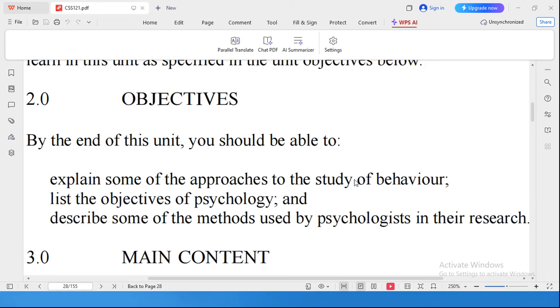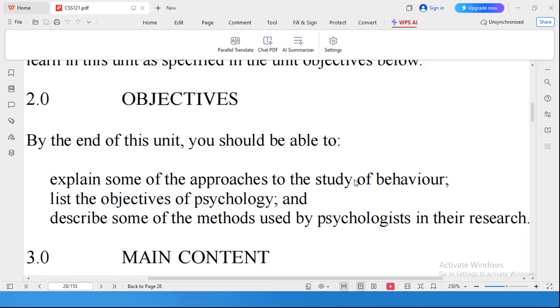So, moving further, objectives of psychology. The main goals of psychology are: number 1, to understand behavior. Why do people act the way they do? Number 2, to explain behavior.